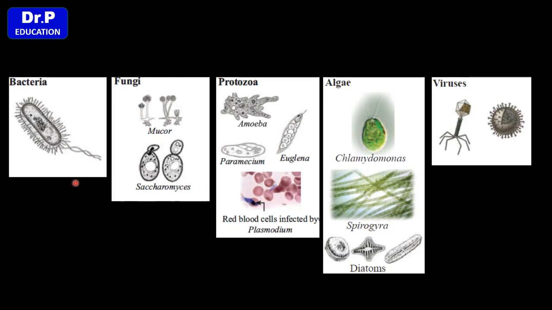Now these are the images from your book and these are what you should be familiar with. Let's say you see this picture, you should be able to recognize this as a virus particle or something like this as a protozoan. Now this concludes the first part of this unit.